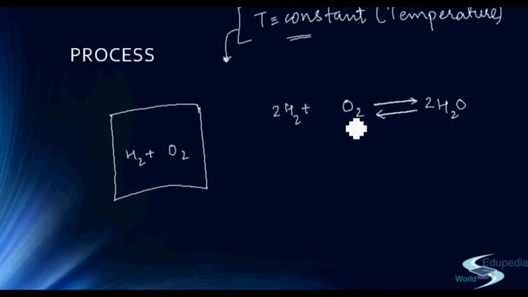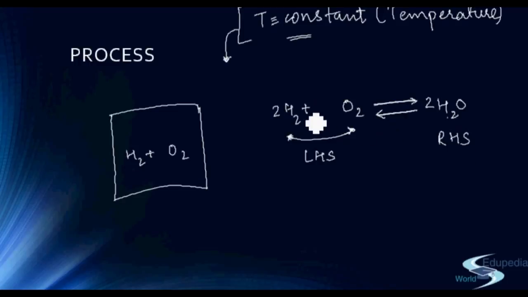H2 and O2. That is, initially the reaction was going only in the forward direction because there were only reactants, only components of the left hand side present. This is the left hand side of our equation, so the reaction was only going in the forward direction initially. But as soon as there is a product here, this product can now break down, and what we get is the backward reaction as well.